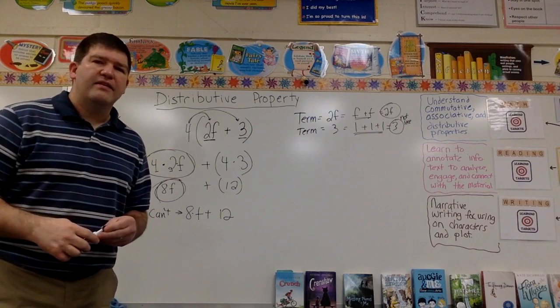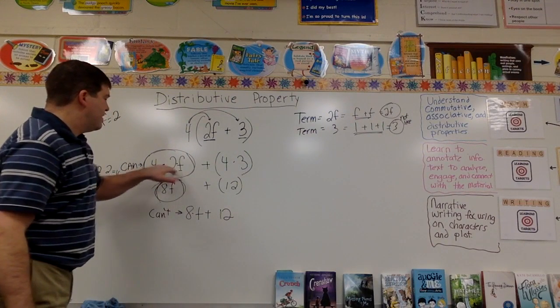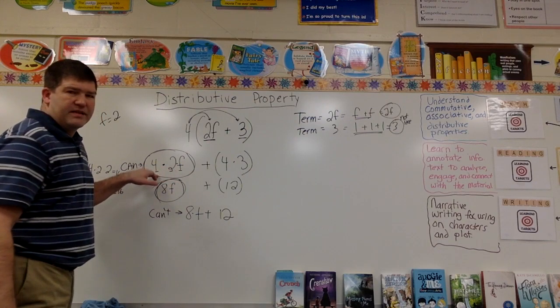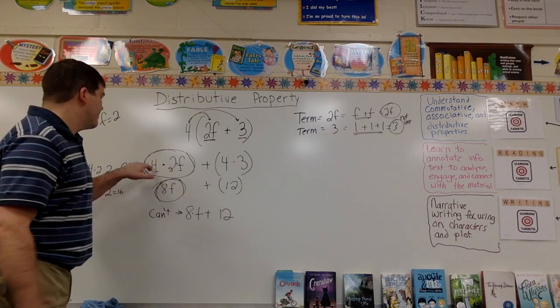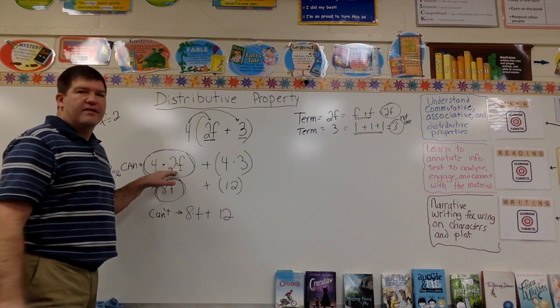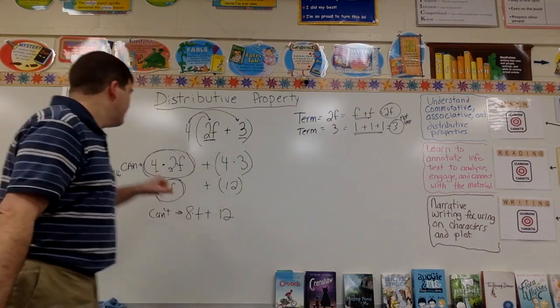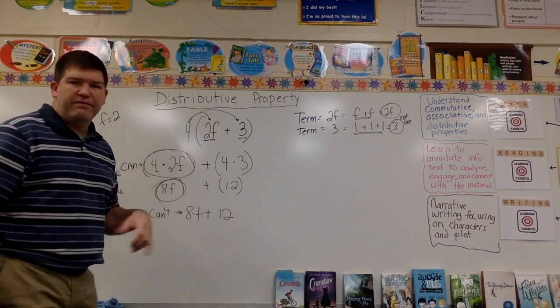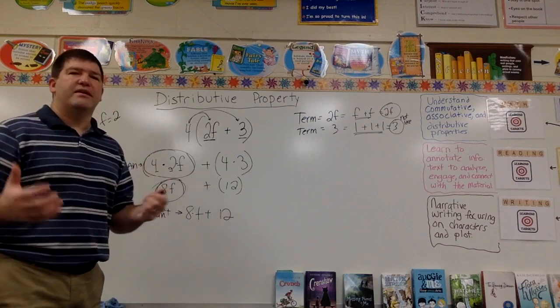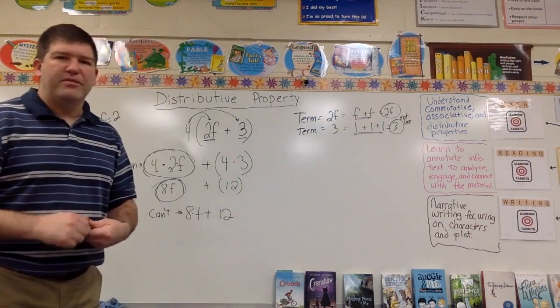So that's why you can multiply unlike terms. So you have this 4 and you have this 2f. Okay, they're not like. You have f's and you have 4's. But because they're all multiplication, 4 times 2 times f, you can multiply it out together because of the commutative property of multiplication.